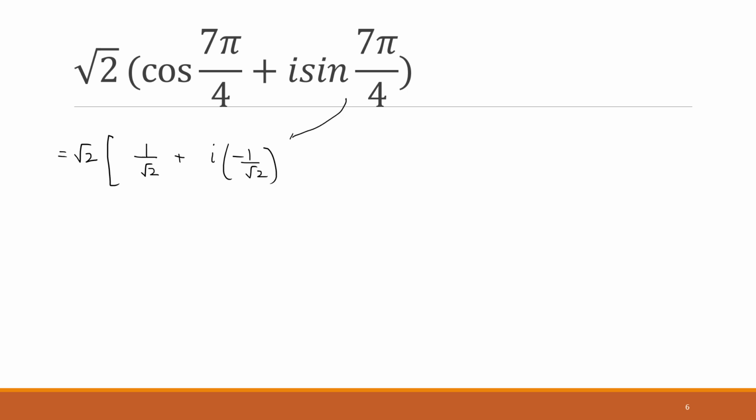In trigonometry you have learned how to find sin 7 pi by 4. It is lying in fourth quadrant, so it is negative and pi by 4 है, इसलिए 1 by root 2. root 2 मल्टीप्लाई करो, आपका कार्टेशियन प्लेन में कॉम्प्लेक्स नंबर आएगा 1 माइनस आई. इजी. अंडरस्टूड.